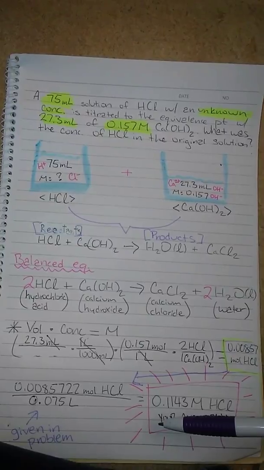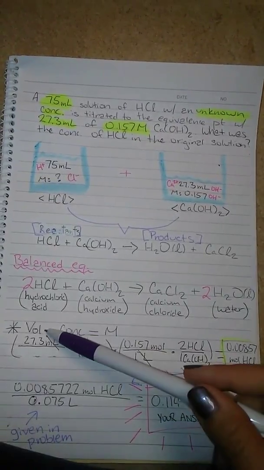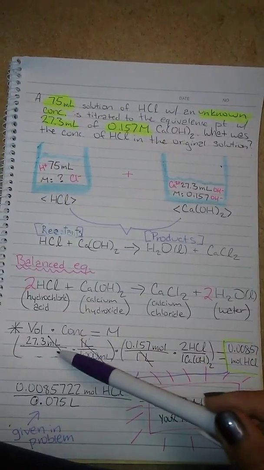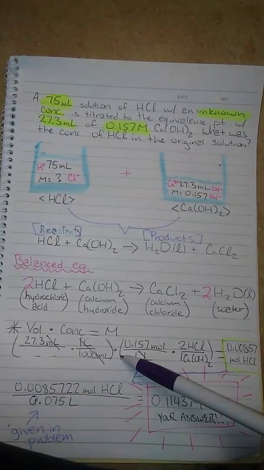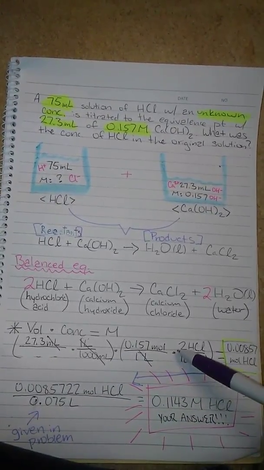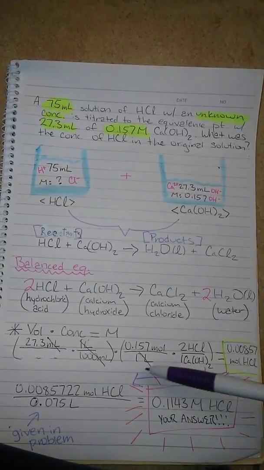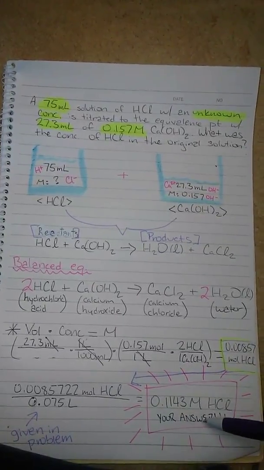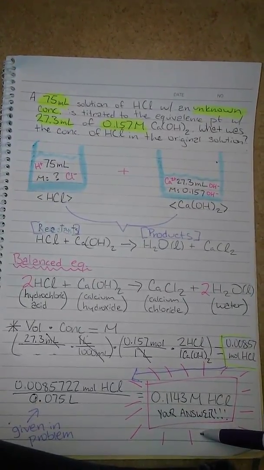Another common mistake: always remember to cross out what you're doing in terms of the units you're in. Units are very, very important, and if you mess up on your units, you are going to get drastically different numbers.